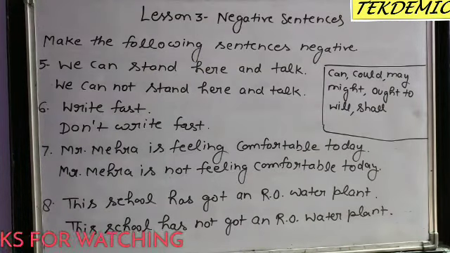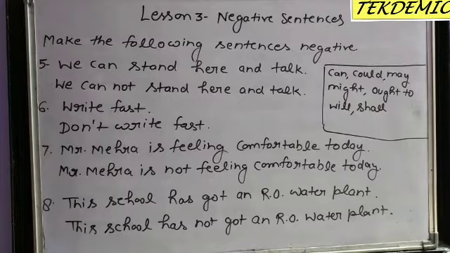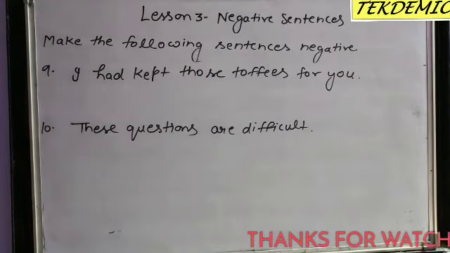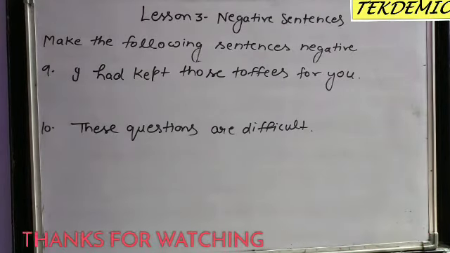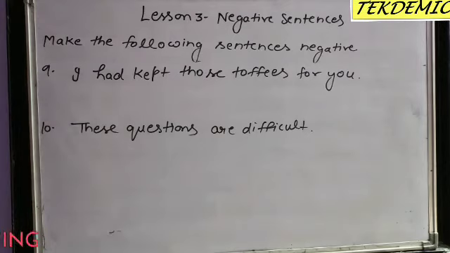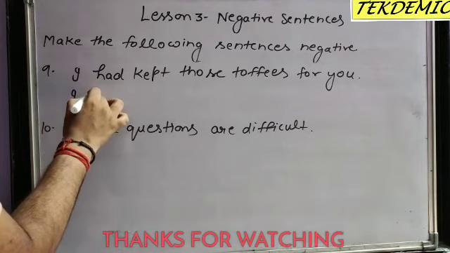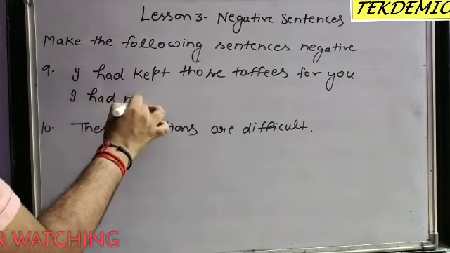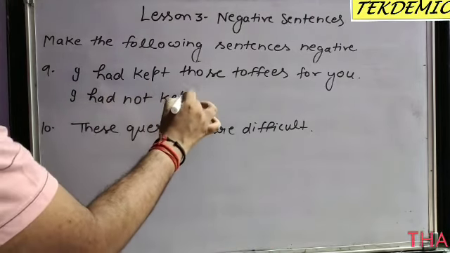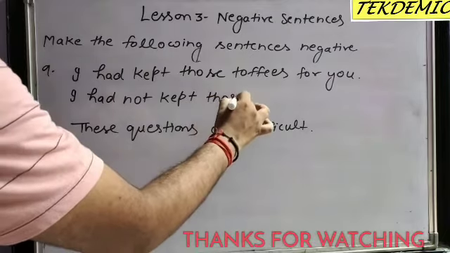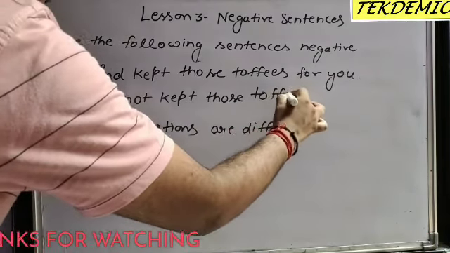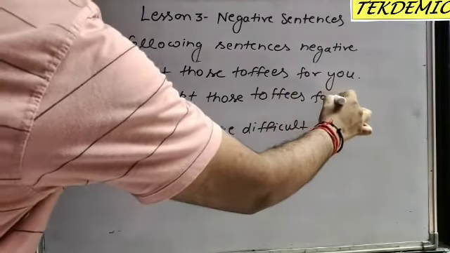Now move to number 9. Children, number 9 is, I had kept those toffees for you. How will we convert it? I had not kept those toffees for you.